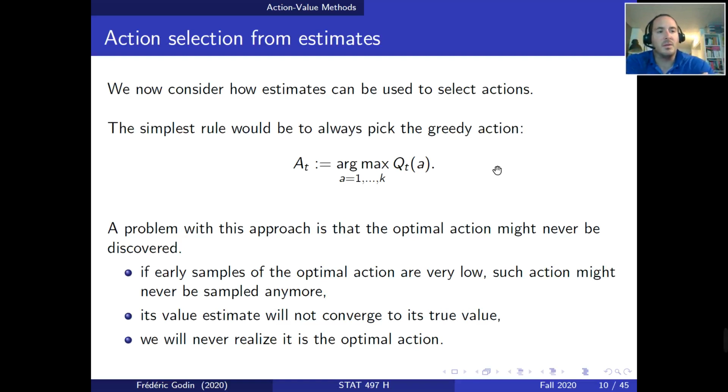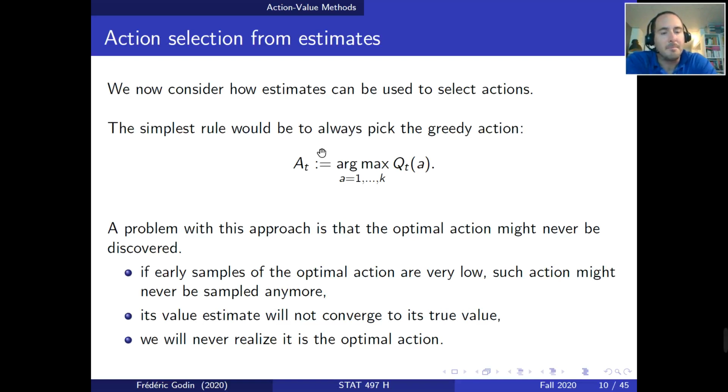Let's say at the beginning you sample from some levers, and you were very unlucky with lever 1 and you receive rewards which were extremely low. Your estimate of the expected value for lever 1 will be very low because you were unlucky. So if you're always greedy, then you might never sample again from lever 1 because it seemed bad at the onset.